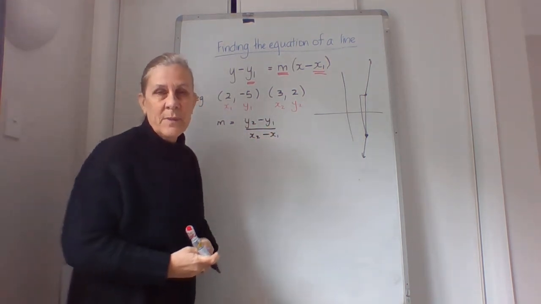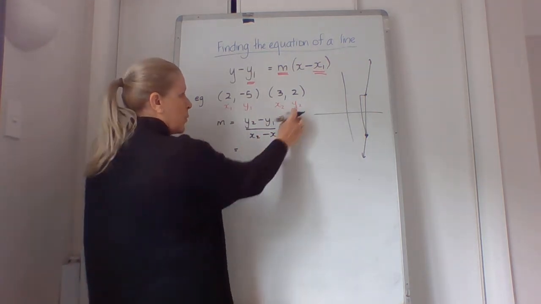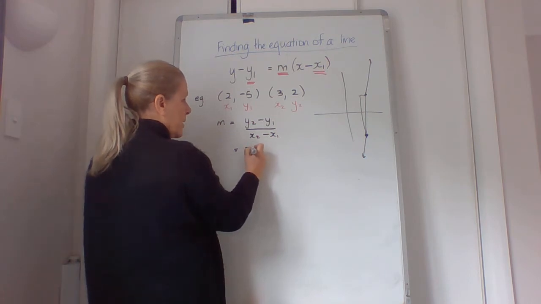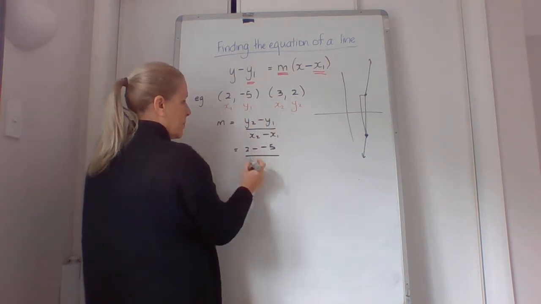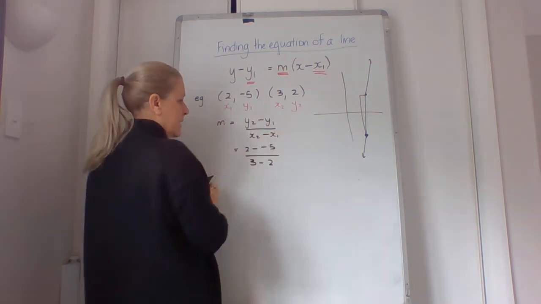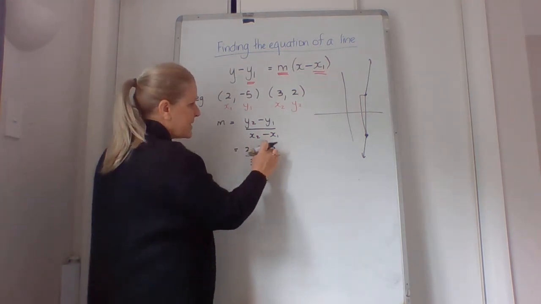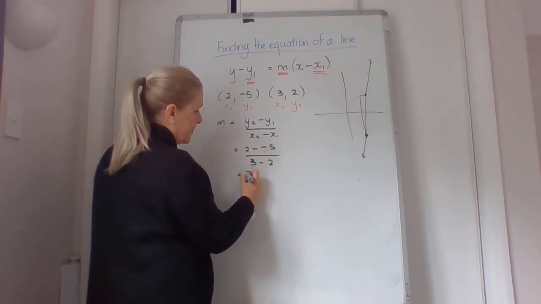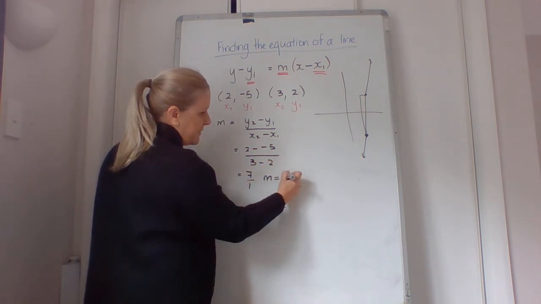All right? So what does that equal? That gives us y2, 2 minus -5 over 3 minus 2. Always make sure you go the same way, because otherwise you'll get your gradient signs wrong. So 2 plus 5 equals 7. 3 minus 2 is 1, so our gradient equals 7.